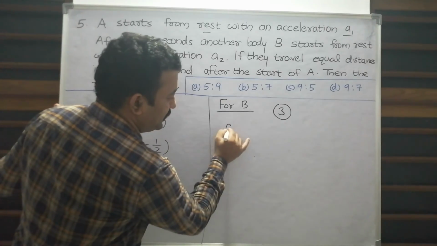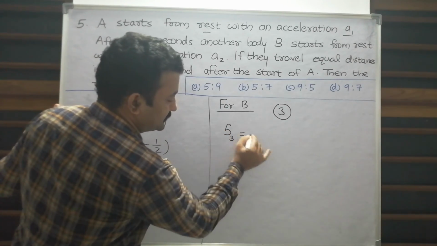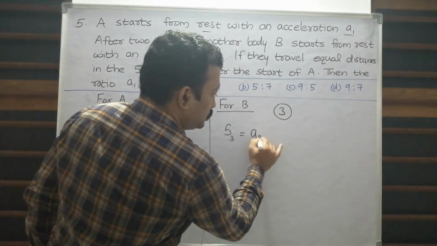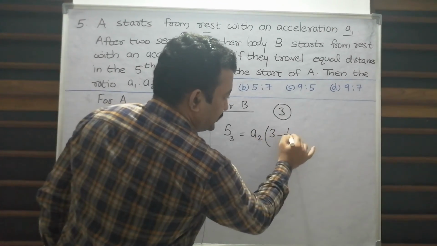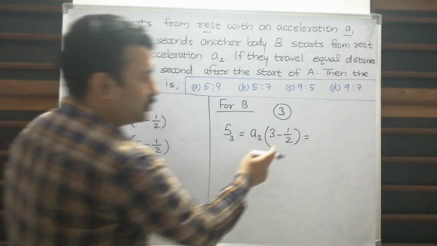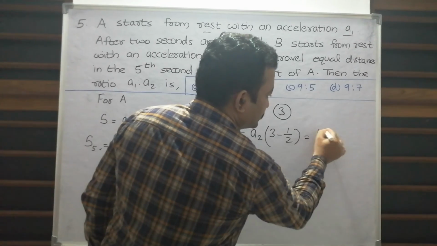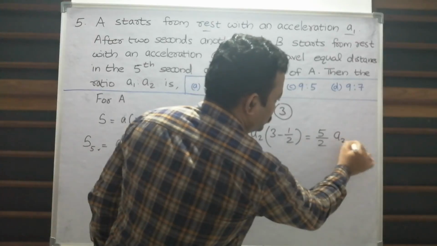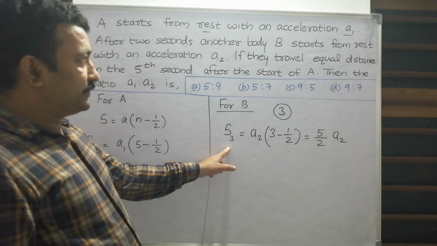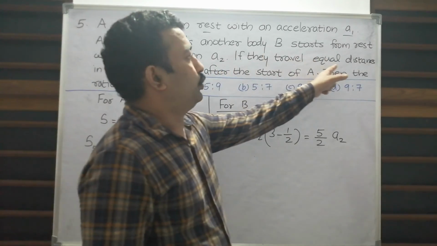So we are finding out motion at 3 seconds. That is equal to A2 times 3 minus 1 by 2. That is clear? So we will work out 6 minus 1, that's 5 by 2 A2. We got S5 and S3, and it is given that they are equal.